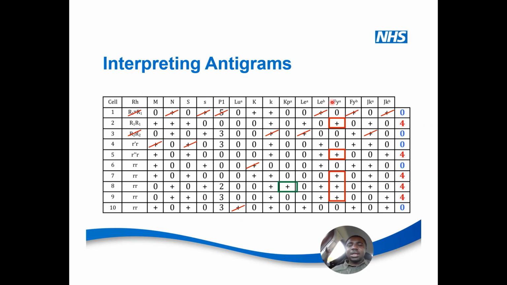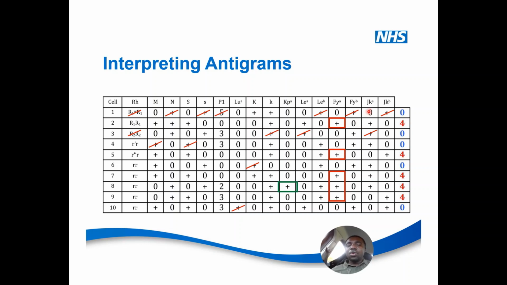So the pattern matches FYA, but we are not excluding KPA. Don't forget, because it's positive on cell number 8. It is positive only on cell number 8, and of course cell number 8 here is also positive, so we cannot exclude.